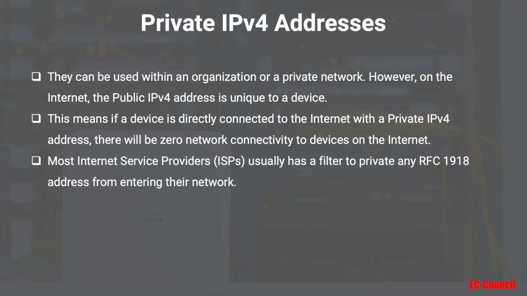This means if a device is connected to the internet with a private IPv4 address, there will be absolutely no network connectivity to devices that are actually on the internet. Most ISPs, or internet service providers, usually implement a security filter to prevent any sort of private IPv4 addresses from actually entering their network.